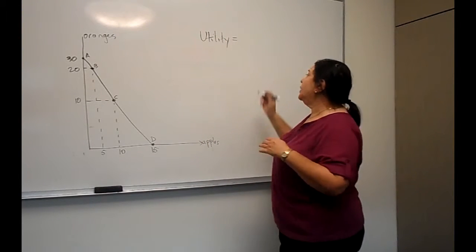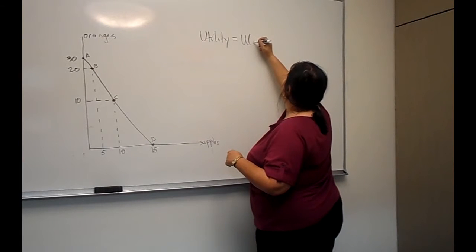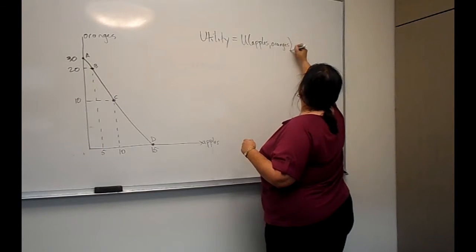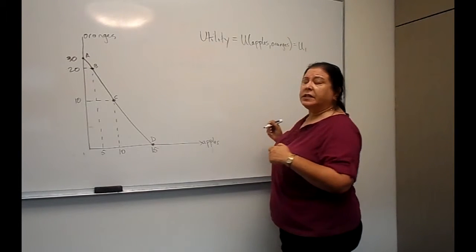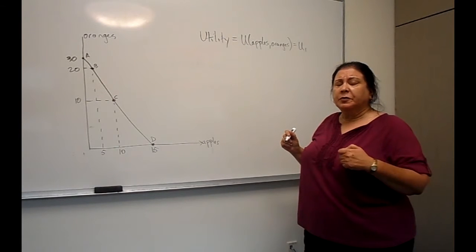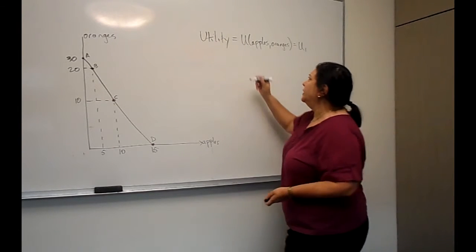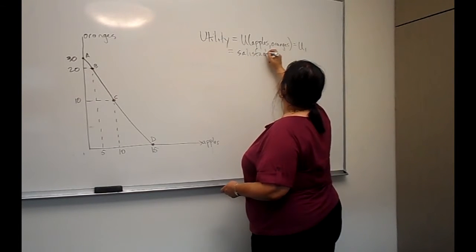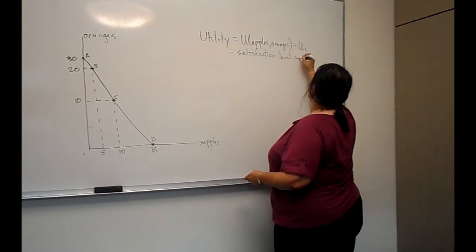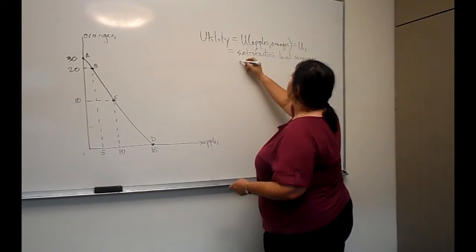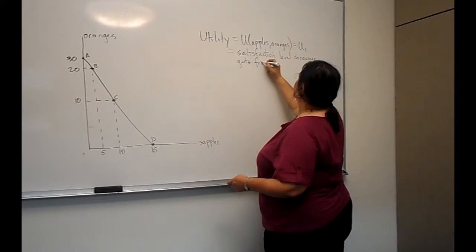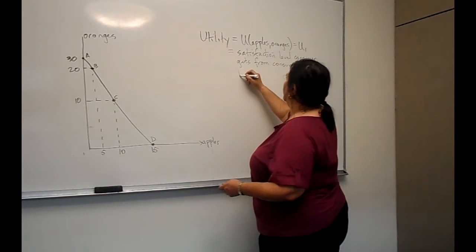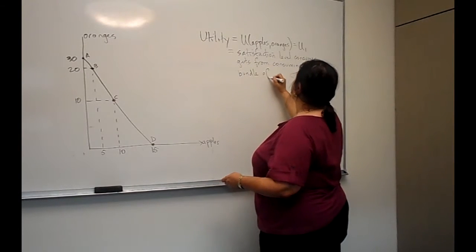The utility of a particular bundle of the goods, apples and oranges, is the satisfaction level the consumer gets from consuming a bundle of goods.